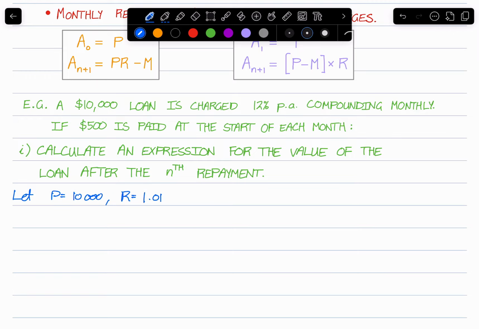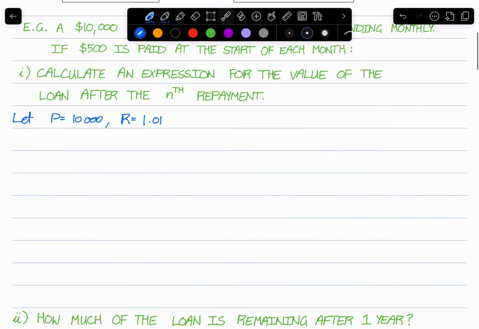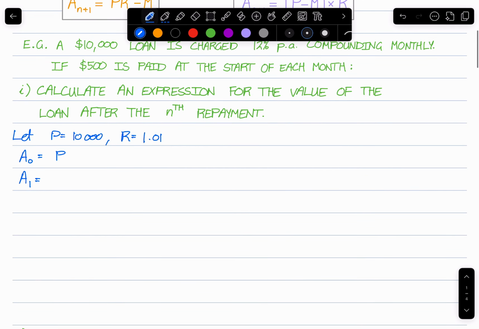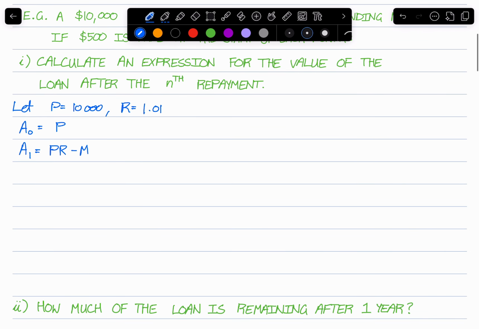Since it wants the expression for the value of the loan after the nth repayment, we're going to start on 0, being P. So A of 0, no repayments have been made. A of 1, we multiply this by R, so PR minus M, and there's our first repayment.